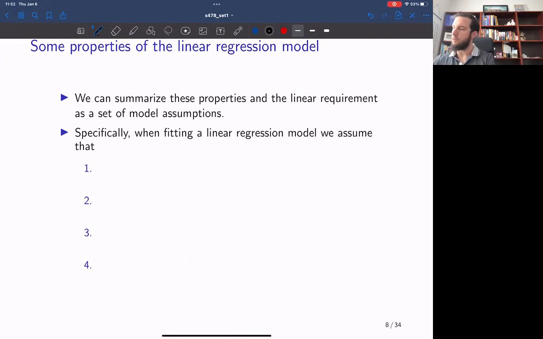We can write those assumptions out in a 4-step rule-based approach. For example, the first thing that we're going to assume when we fit a linear regression model to a data set is that the relationship between the response and the predictors is linear.